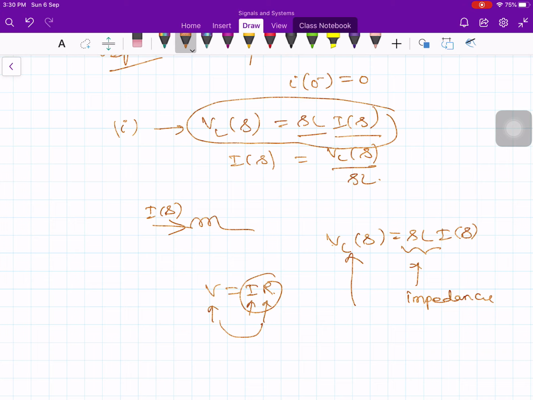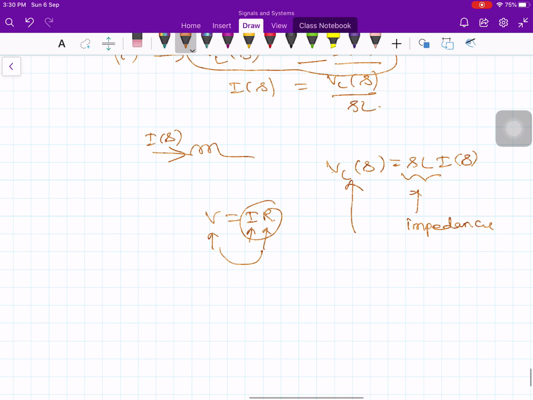So whenever you have an inductor, if you want to find the impedance offered by the inductor, let's say ZL, this ZL is denoted by SL. This is the amount of impedance offered by an inductor.